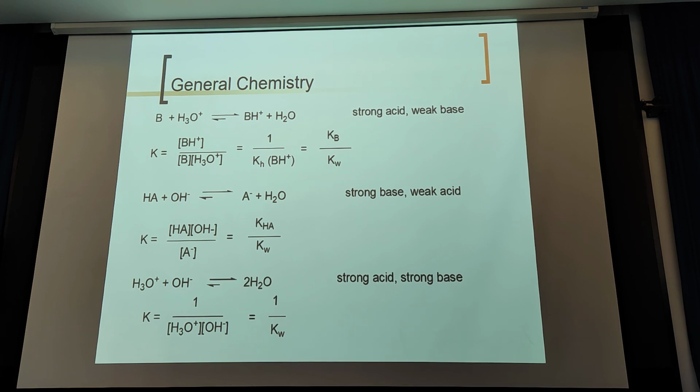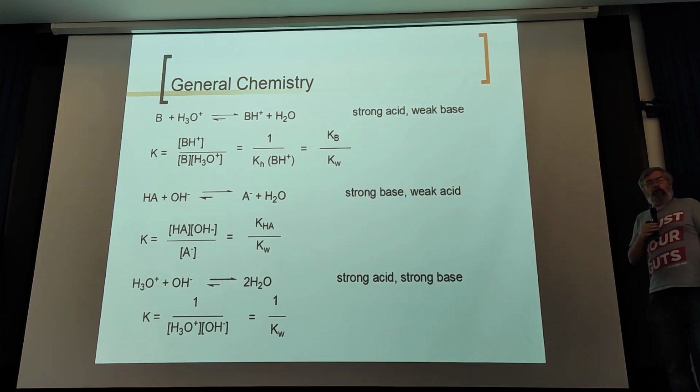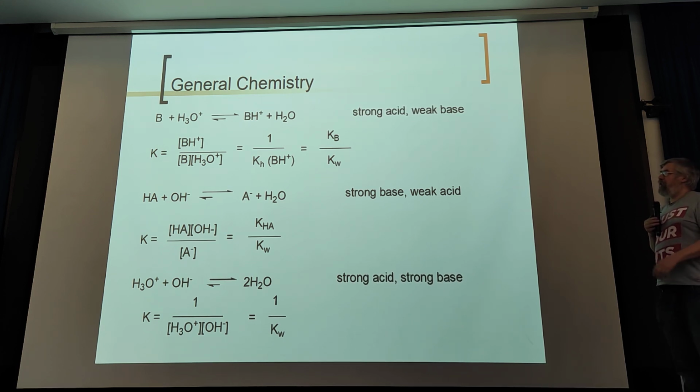So in such a case, we don't write HA anymore, but we write H3O+. Then your reaction is base plus H3O+ gives protonated base and water. Your K is the protonated base over the base concentration times the H3O+ concentration.